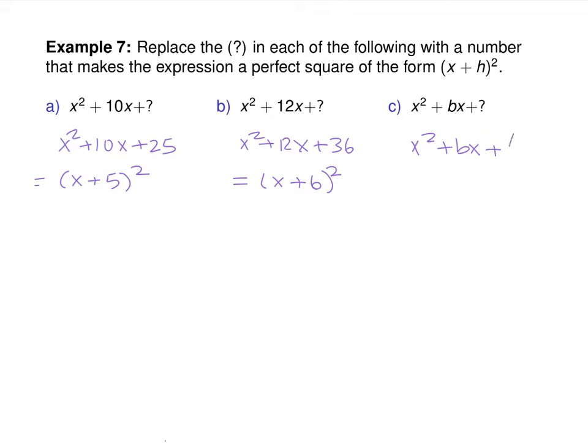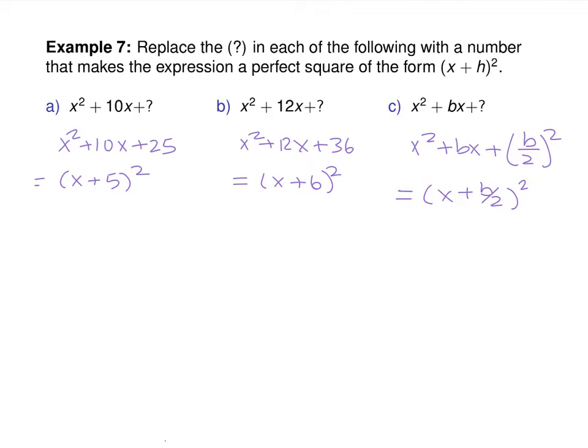You'd add b over 2 squared. Does that make sense? And then that would actually factor into x plus b over 2 squared. Because b over 2 times b over 2 makes b over 2 squared, right? B over 2 plus b over 2 makes b.